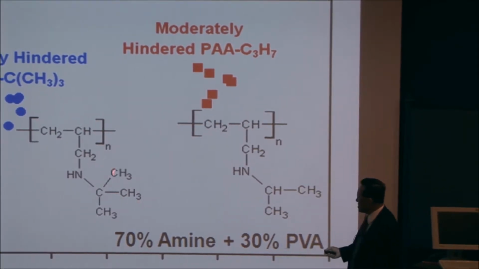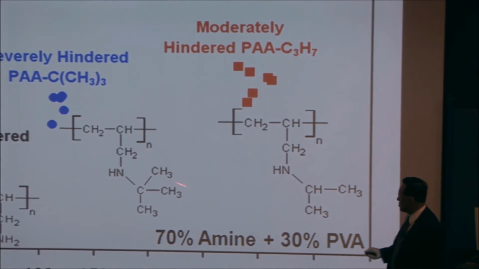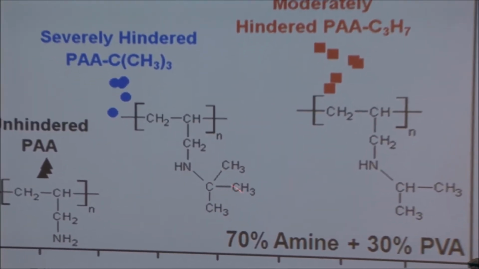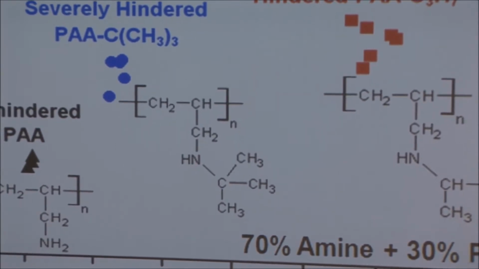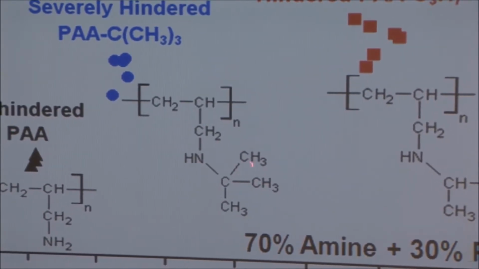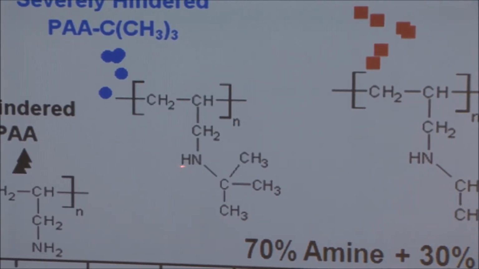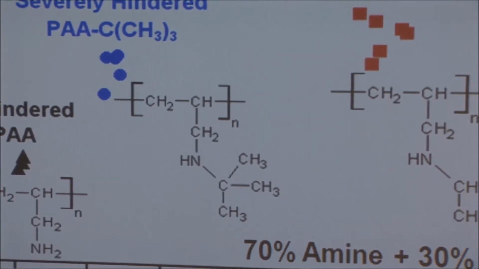But if we increase the steric hindrance further by using an even bigger group, this tertiary butyl group, this group is so big that the CO2 cannot even approach the amino group.